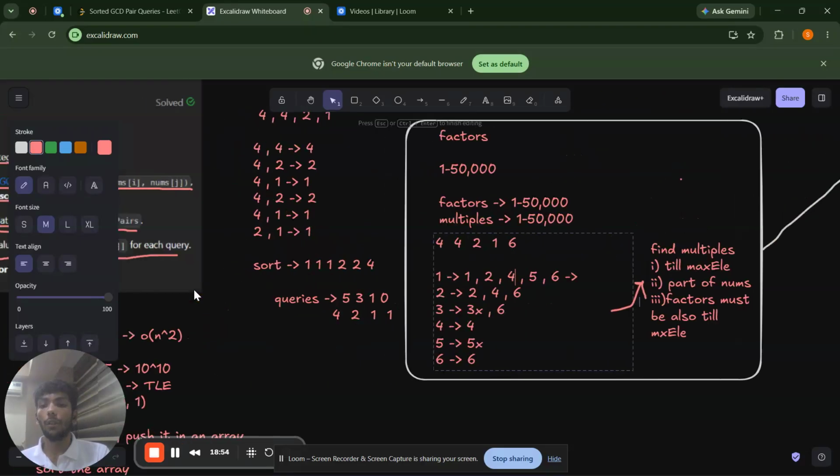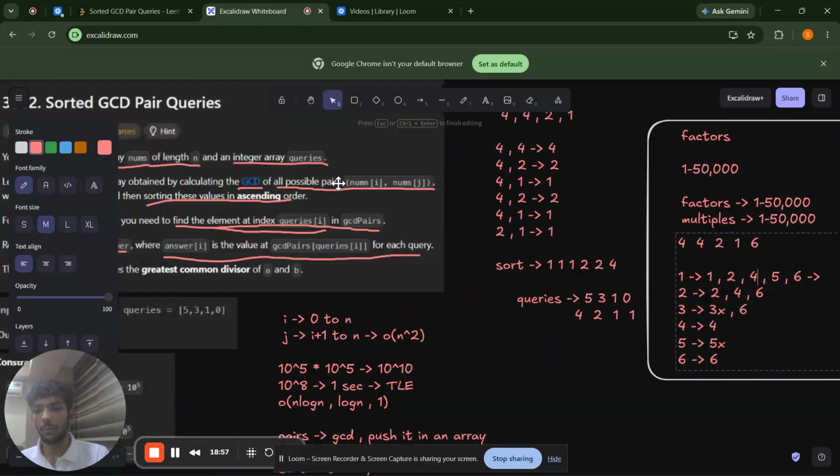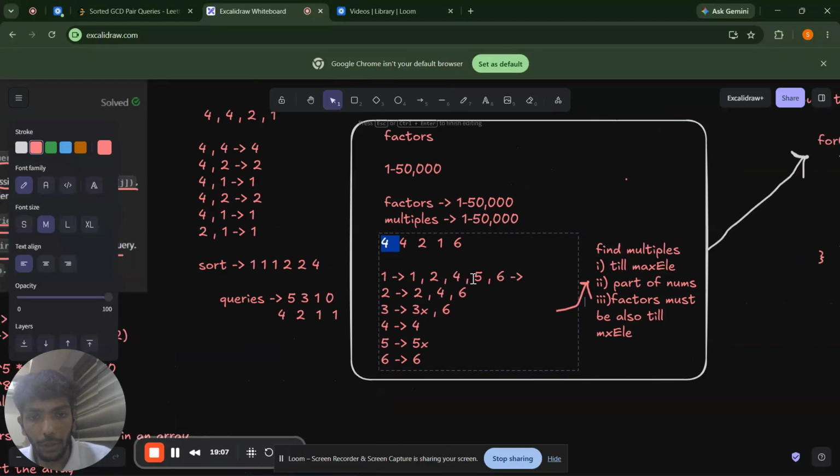Because what we are doing is finding all possible pairs. If we consider this possible 4, we need to consider this 4 as well. So we will also make sure that this one is checked for this 4 as well. Okay, there is no 5, no need, let's keep it.